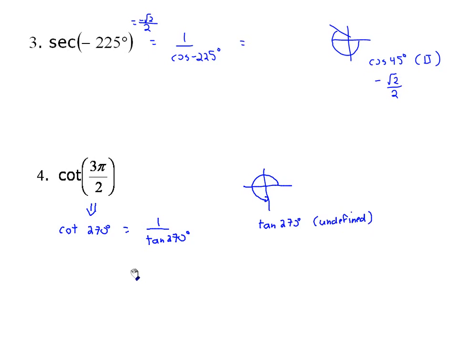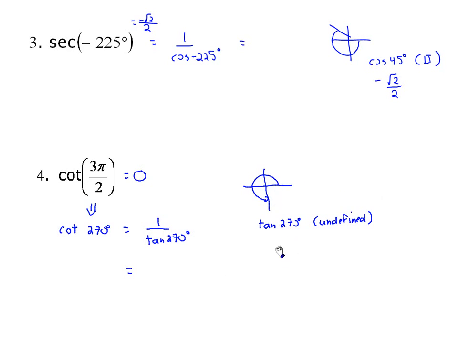But that doesn't mean that cotangent is undefined. So when you take the reciprocal of this, you in fact will be getting 0 for it. It works out. Now your calculator won't give you that. If you went 1 divided by tan 270, it shuts you down because you can't take the tangent ratio for 270 degrees.